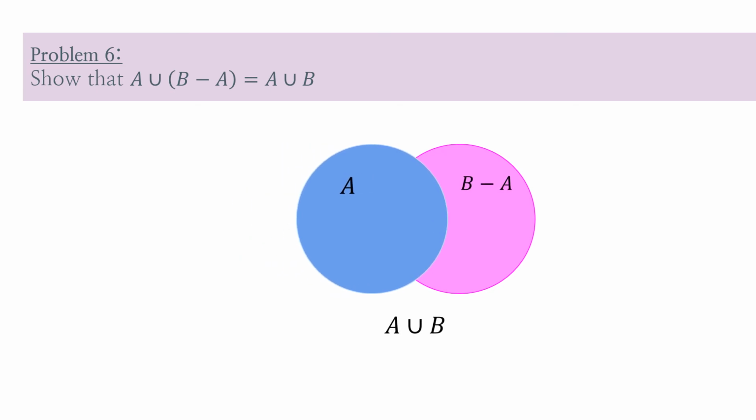In this figure, the pink region represents B minus A and the blue region represents A. The union of A and B minus A will contain all the elements within this blue region and pink region. This region is also A union B. Therefore, A union B minus A is equal to A union B.